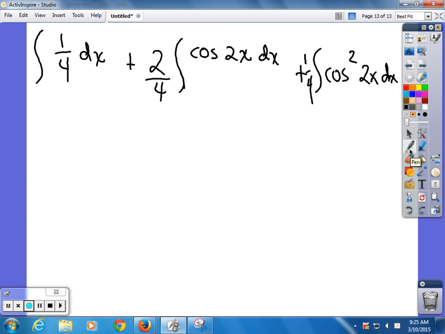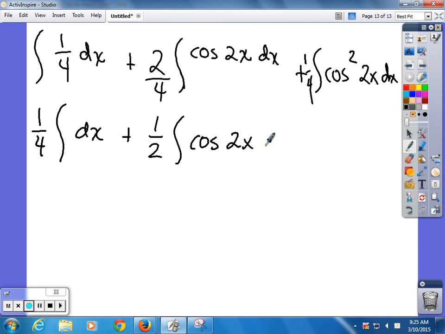I told you I'd do this one for you. 1/4 antiderivative of dx plus 1/2 antiderivative cosine 2x dx plus 1/4 antiderivative cosine squared of 2x dx.